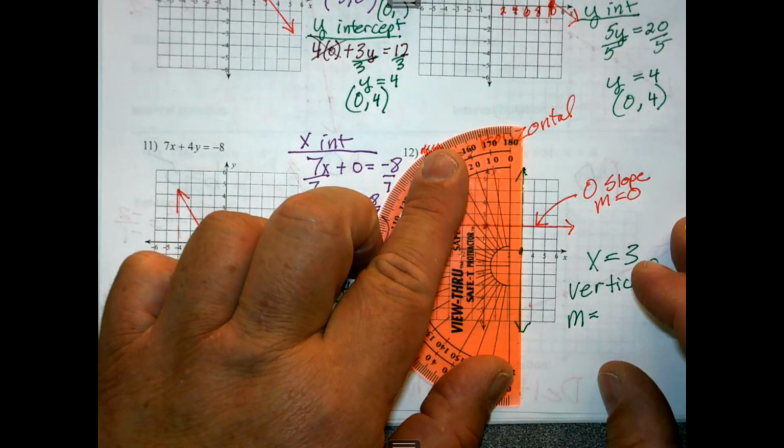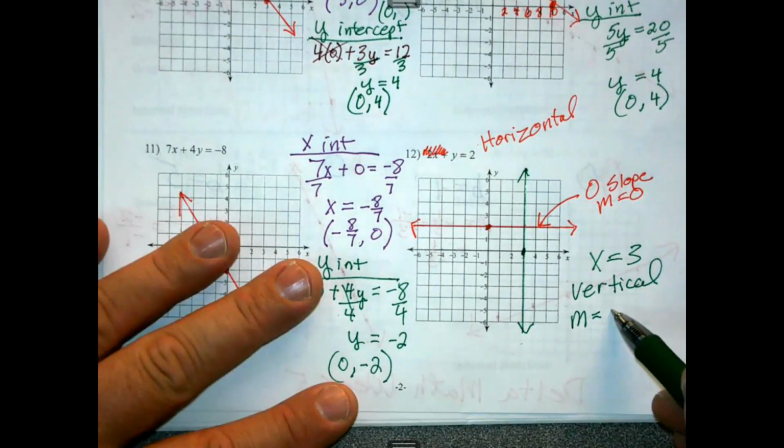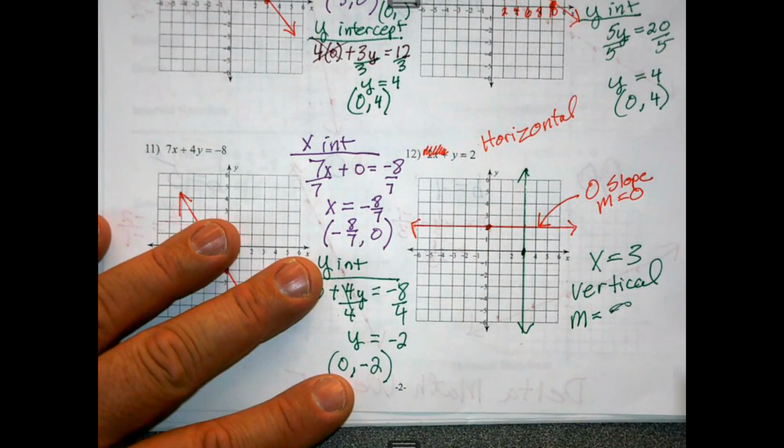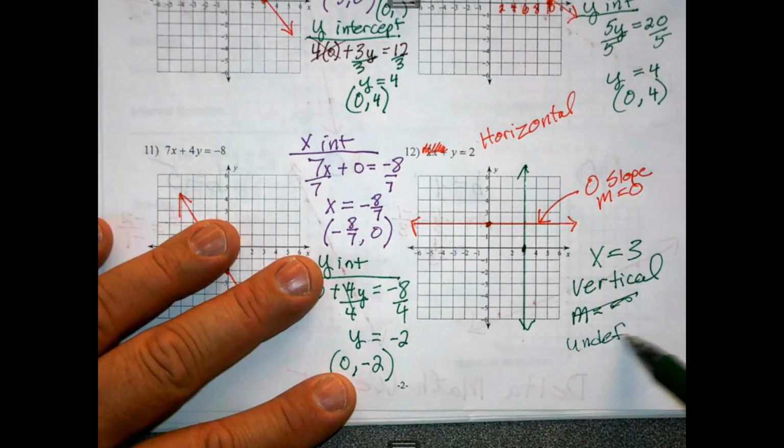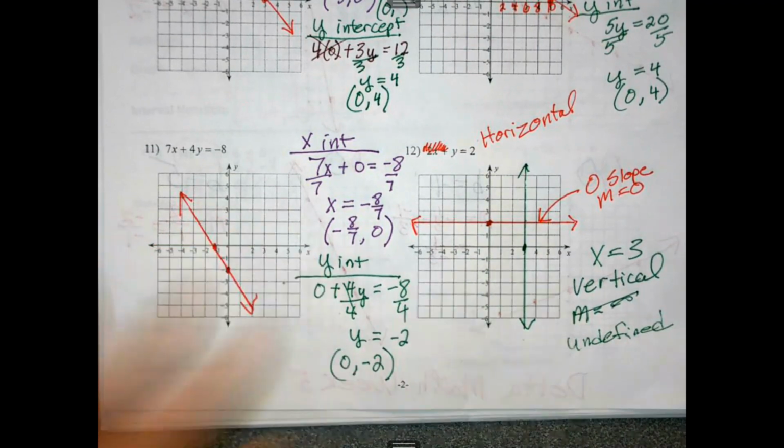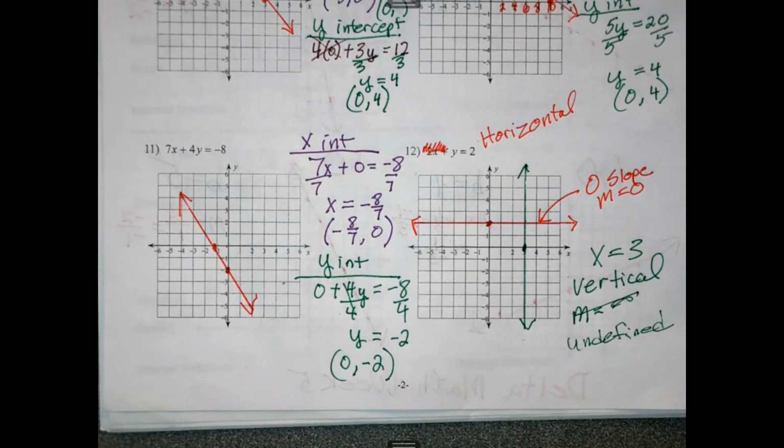No. So it would make sense that we would put infinity, but it's actually undefined. Infinity would make more sense to me, but we just say that it's undefined because it could never reach a number.